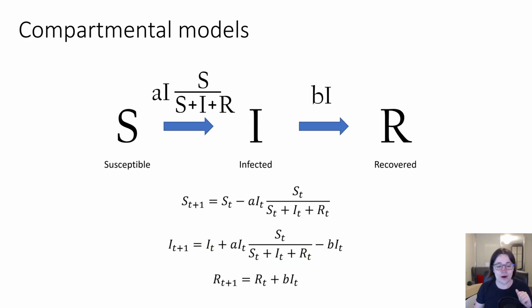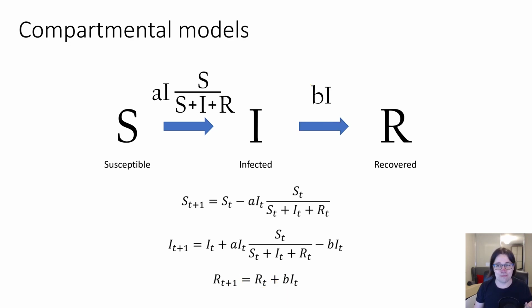And likewise, the recovered group in the next step is equal to the recovered group currently plus the number of people who are moving in from the infected group. Okay, so that gives you a brief introduction of how these compartmental models work.